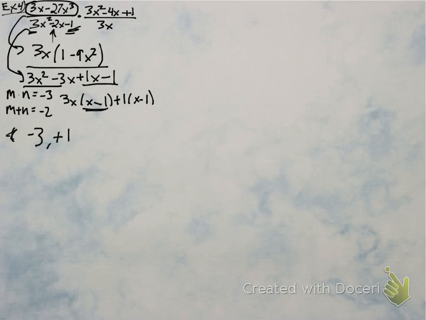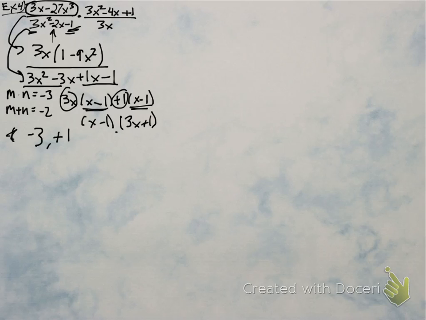Remember, the whole goal was to get those binomials to match. Since I have an x minus 1 in each, I can factor that out, and I'm left with 3x plus 1. So you can see, that's why factoring in Chapter 5 was really important. It was going to show up again, as promised.